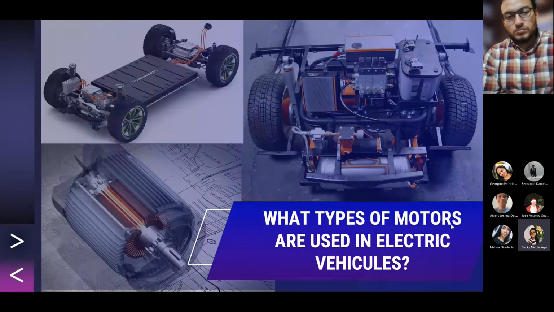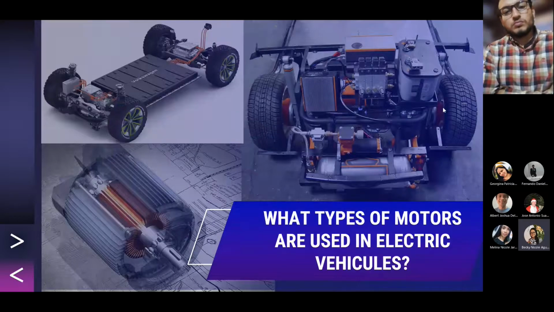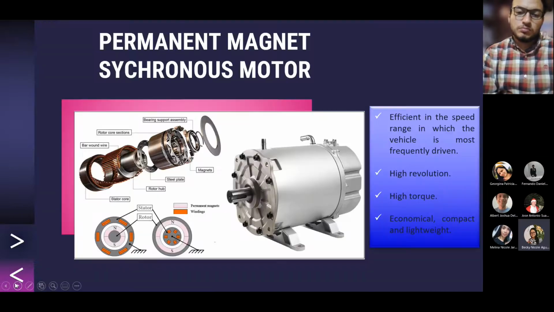But what type of motors are used in electrical vehicles? I'm going to talk about the permanent magnet synchronous motor. Currently, most electric vehicles use synchronous permanent magnet electric motors. This is a device that transfers electrical energy into mechanical energy through the action of magnetic fields generated in their coils.